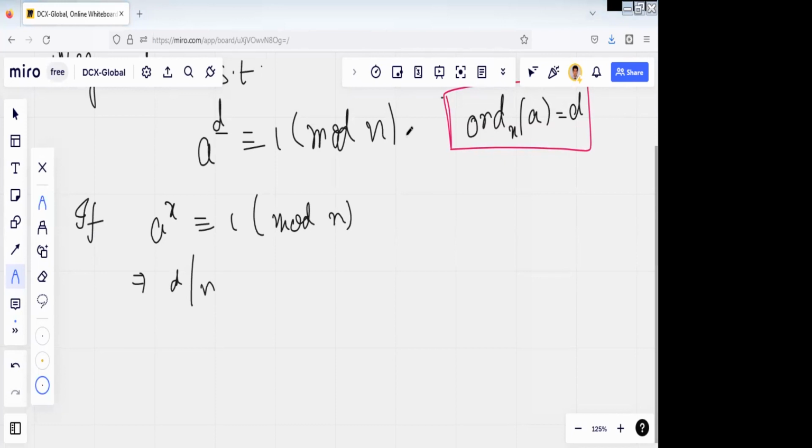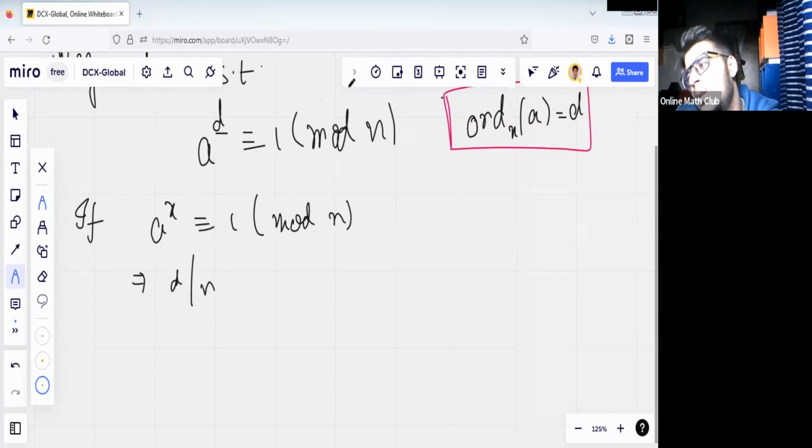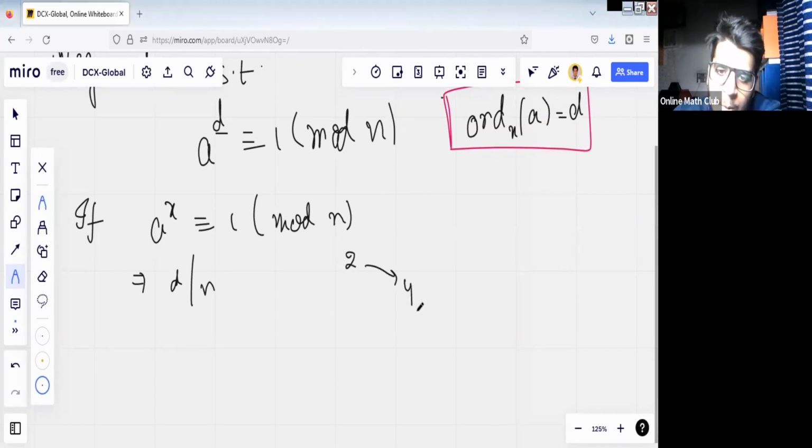Can I say? No. I mean, okay. Why can't it be, let's consider 2. 2 goes to 4, 8, and then it periodically comes back to somewhere here.